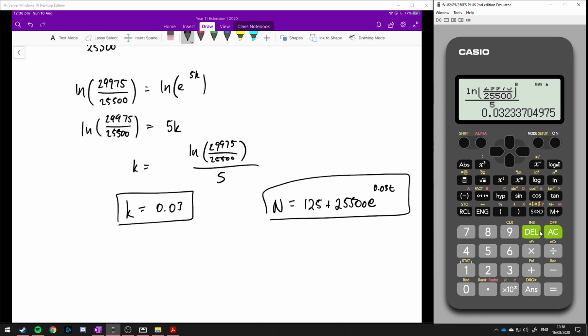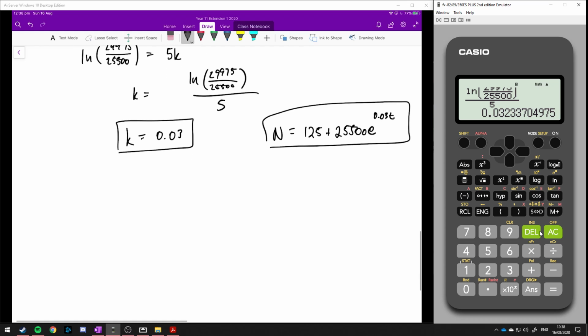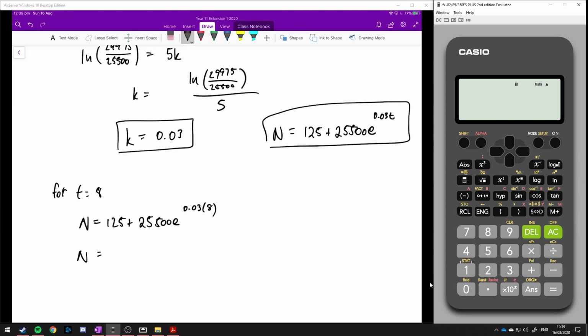So now we can actually find what the population is after 8 years. So for t is equal to 8, now we get n is equal to 125 plus 25,500 e to the 0.03 lots of 8. So n is equal to 125 plus 25,500 to the power of 0.03 times 8.